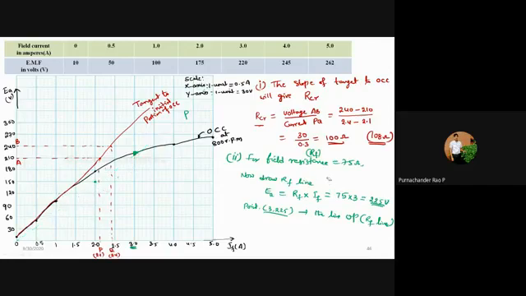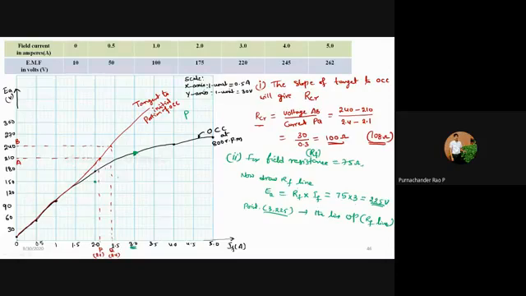So for a field current of 2 amps, 75 into 2 is going to be 150. So this is the point. For 1, anyone, can you tell me what value you get? 75, right? If you consider IF equal to 1, your EA is equal to 75 into 1, 75.